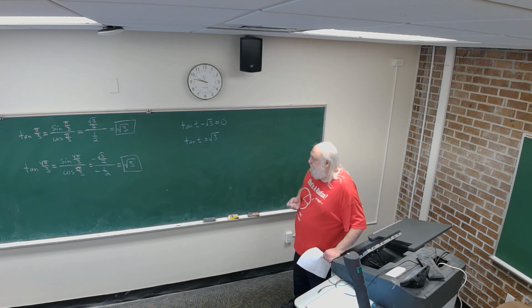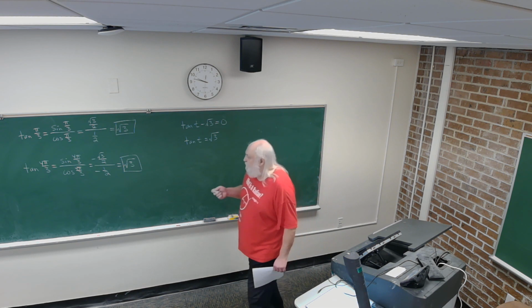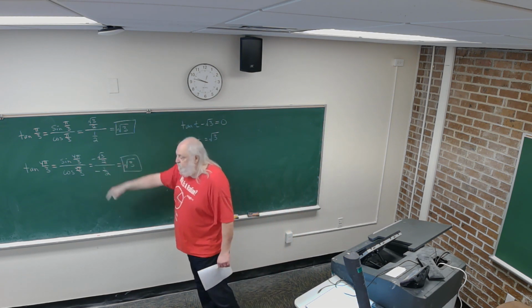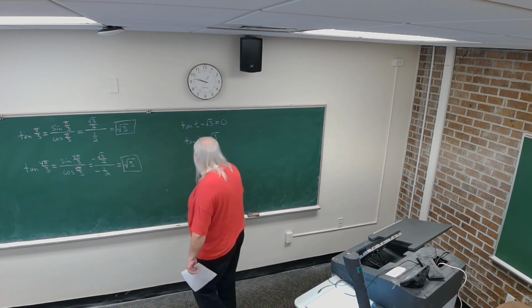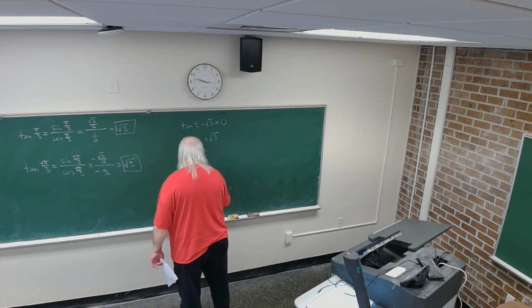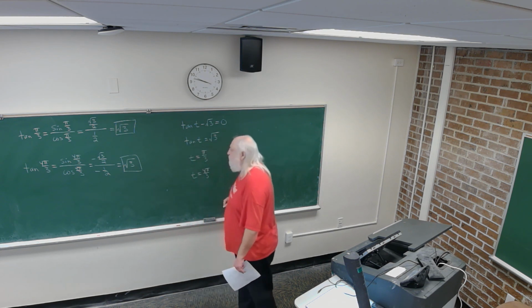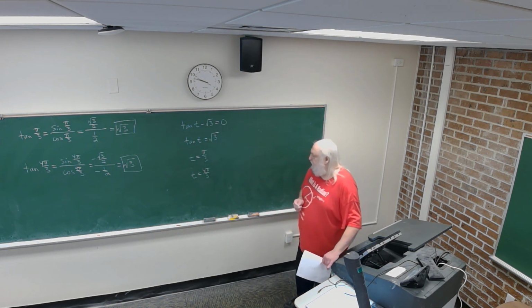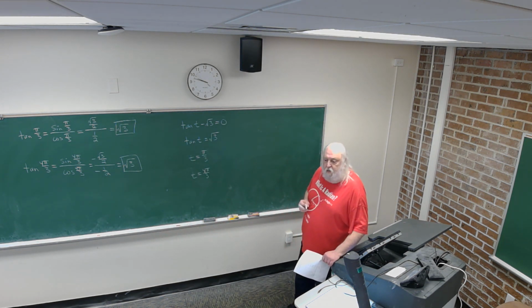What 2 angles on a unit circle is the tangent function equal to square root of 3? Pi over 3 and 4 pi over 3, right? So t can equal pi over 3, and it can equal 4 pi over 3. Those are two angles on the unit circle where the tangent function is equal to root 3.